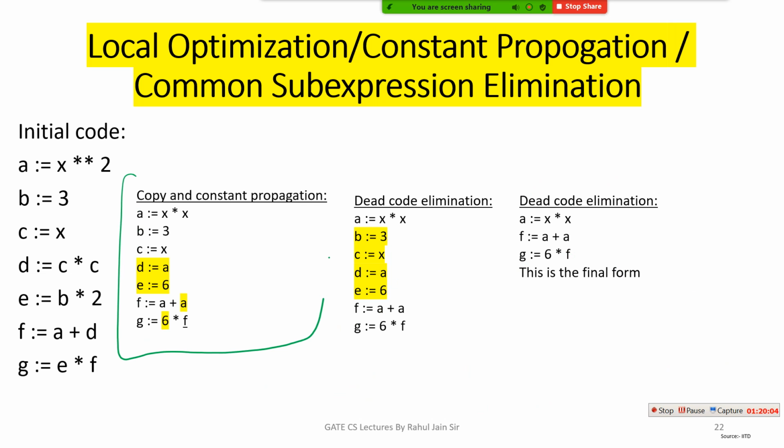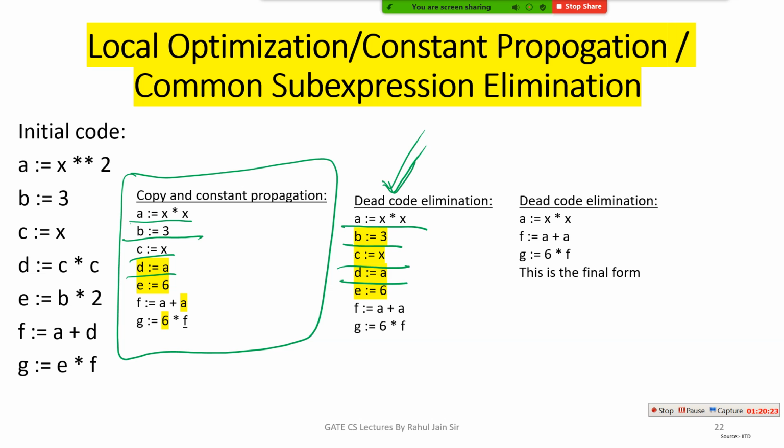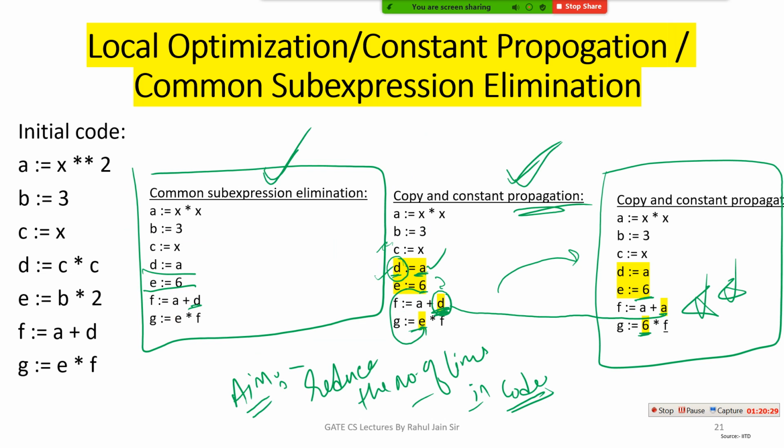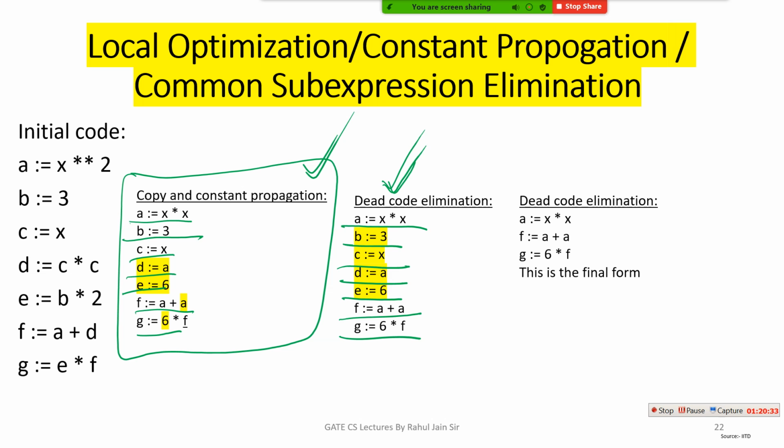So you can easily see a equals to x into x is here, b equals to 3 is here, c equals to x is here, d equals to a is here, e equals to 6 is here, f equals to a plus a is here, and g equals to 6 into f is here. Like that, after applying variable and constant propagation, I am getting this step.